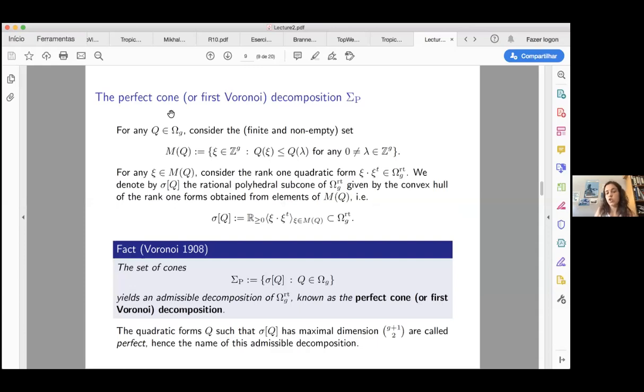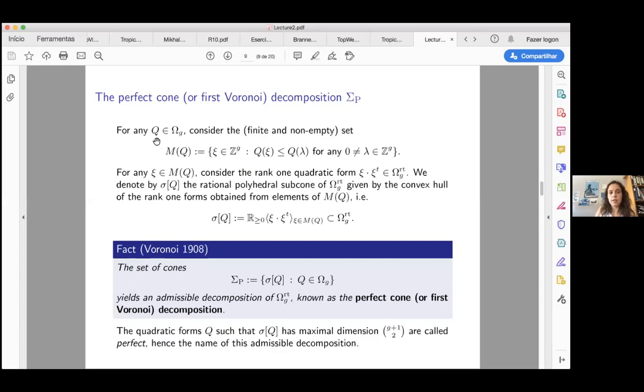I have to tell you which are the cones that we consider in order to decompose our Omega_g rational. And then it's a theorem due to Voronoi in both situations that these cones do form an admissible decomposition, meaning that they satisfy the conditions I introduced in the beginning.